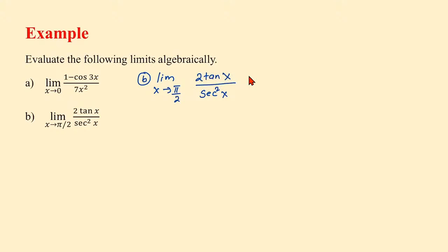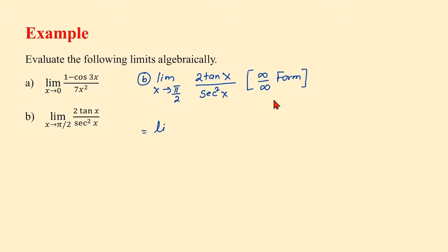That becomes infinity. And also the denominator, if you try to plug in pi over 2, that will also be infinity. Secant squared pi over 2, that's also infinity. So we are getting infinity over infinity form. So if we have infinity over infinity form, we'll use L'Hopital's rule.